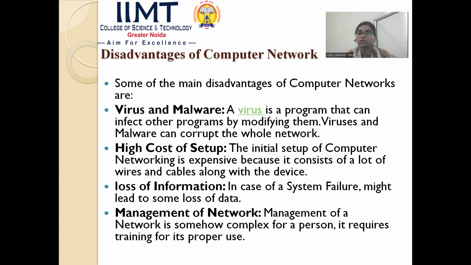Loss of information. A system failure might lead to the loss of information or data. If we haven't stored our files safely, then there may be chances that the data can be lost during transmission, or a third party attack may occur. So it is one of the disadvantages of computer networks.